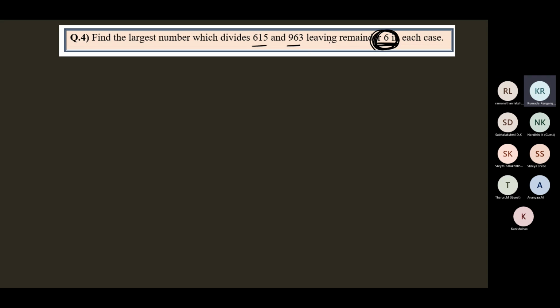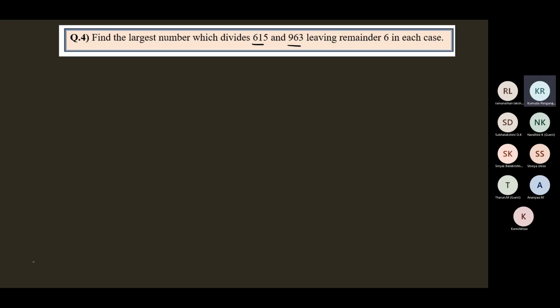Whenever you have to find the LCM, don't make any changes to the given numbers. Find the LCM and then use the remainder 6. If you're finding the HCF, you should always change the numbers. This was explained already in the regular classes. Now I'm not explaining, I'm just telling you how to remember.